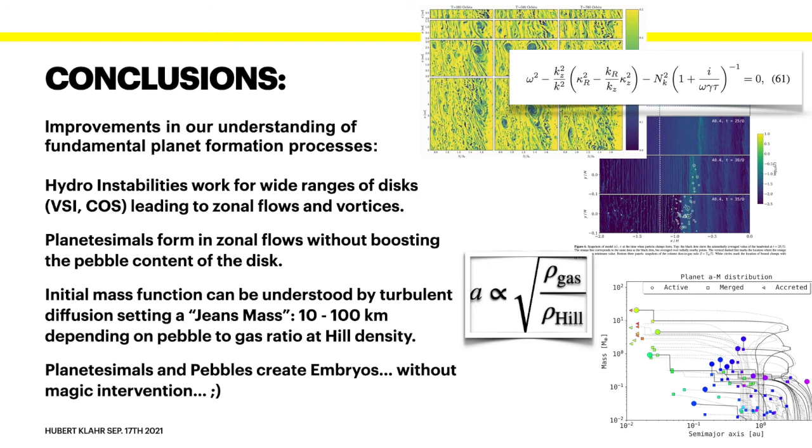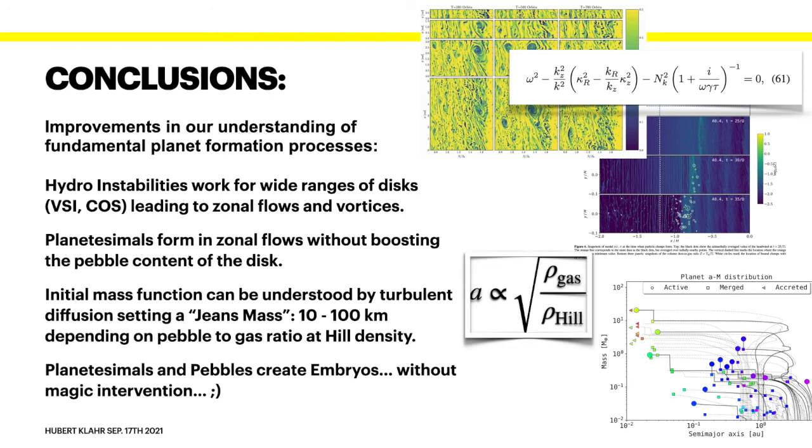And especially if instabilities, like the VSI, are not fully fledged, destroying everything and preventing gravitational instability and streaming instability, but are just moderately, gently changing a small wind, then this leads to zonal flows, vortices, and you can happily form as many planetesimals as you like.